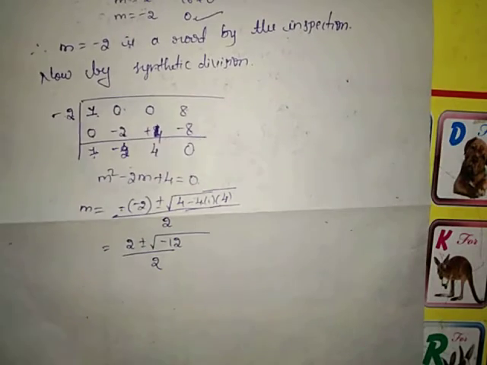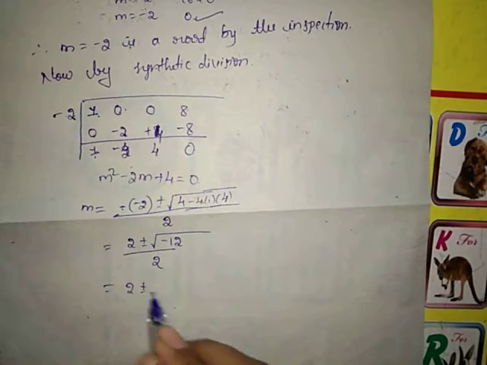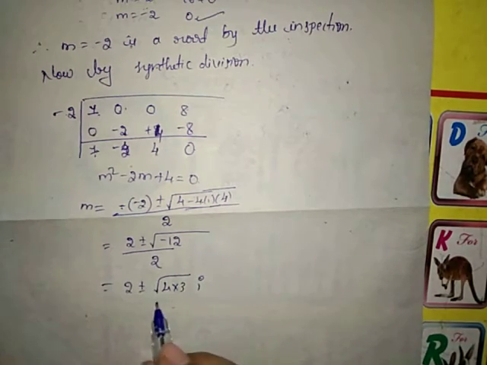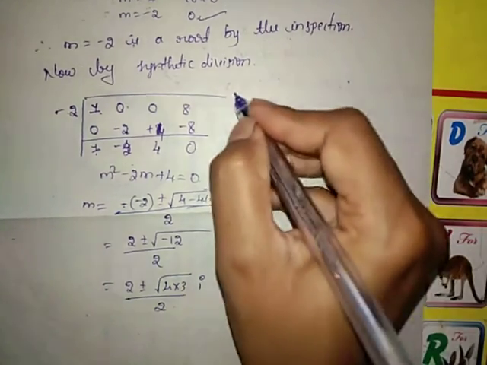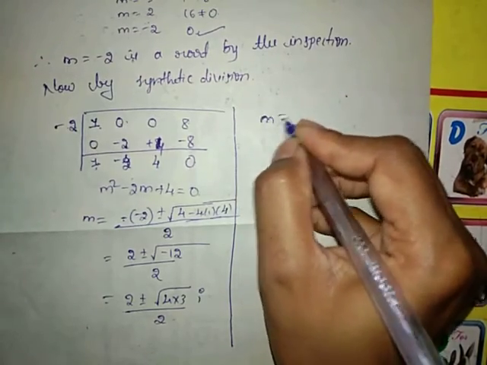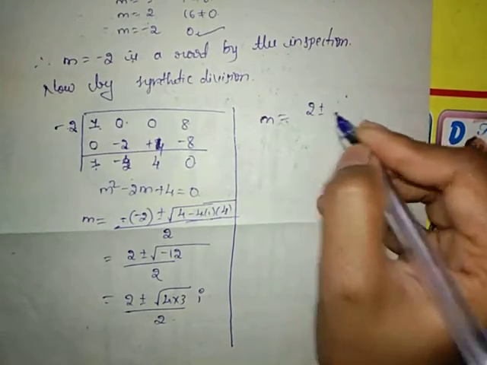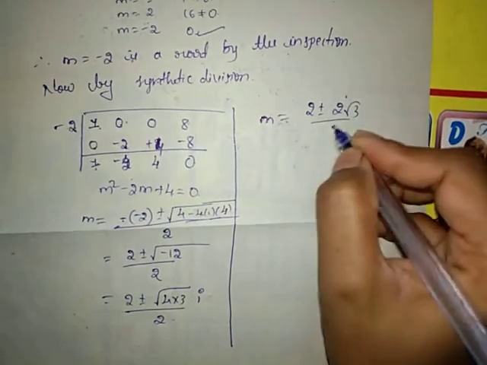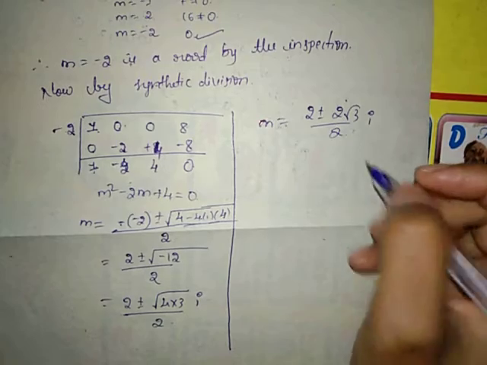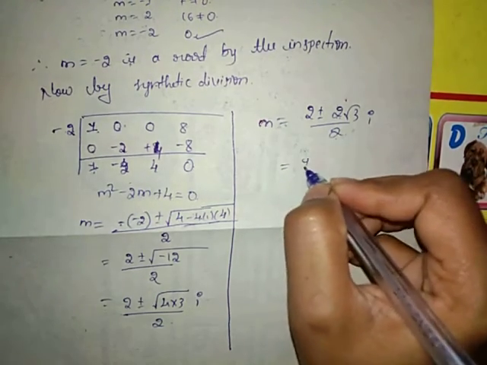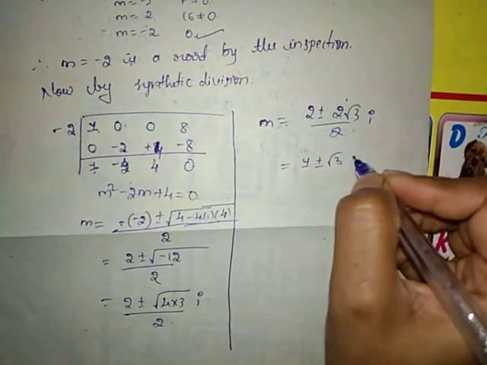Now minus 12 can be written as 2 plus or minus square root of 4 into 3 i, divided by 2. So m equals 2 plus or minus, when 4 comes out it becomes 2 root 3, divided by 2, into i. Take 2 common in the numerator and cancel with the denominator. We get 1 plus or minus root 3 i.